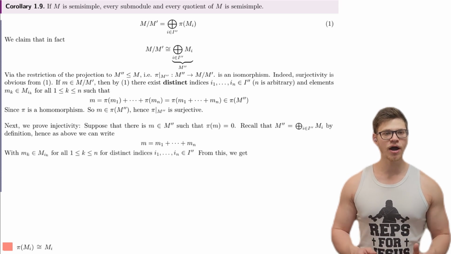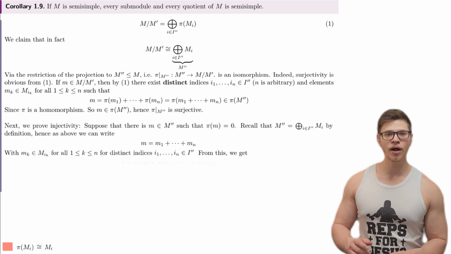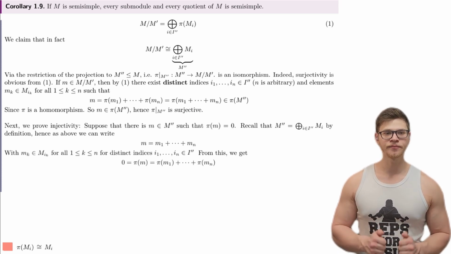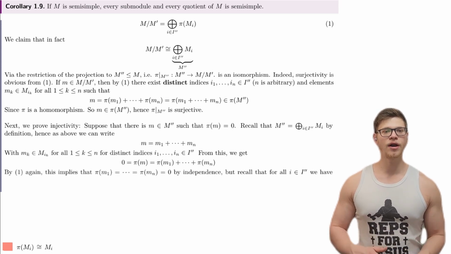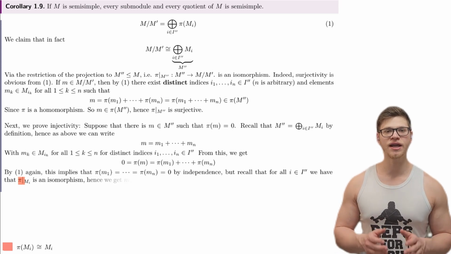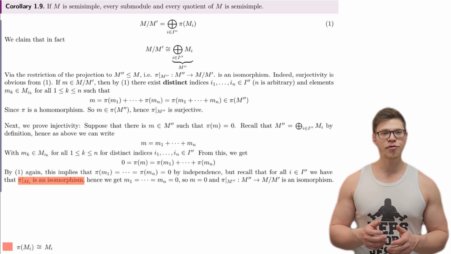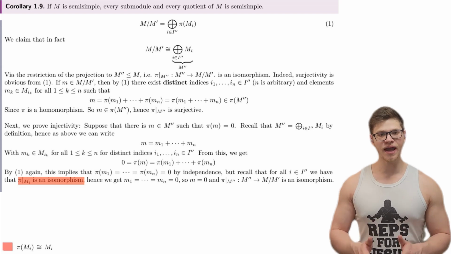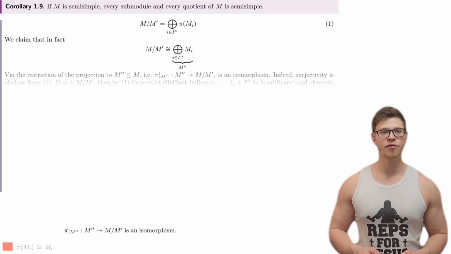We now apply π and use our assumption to get that the sum of π(m₁) up to π(mₙ) is 0 by equation 1. Independence of the direct sum gives that all of the images of m₁ up to mₙ are equal to 0. But we know that π restricted to each simple module Mᵢ is an isomorphism. Hence, m₁ up to mₙ are all equal to 0, but this means that m is also equal to 0, so π is injective and hence an isomorphism.